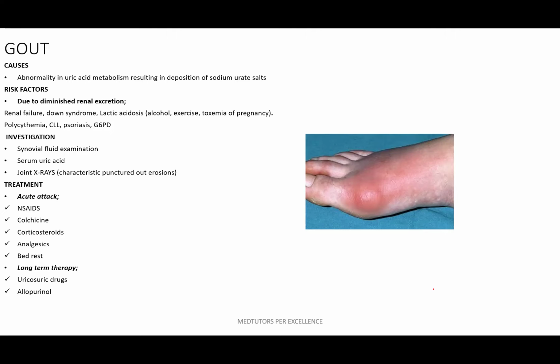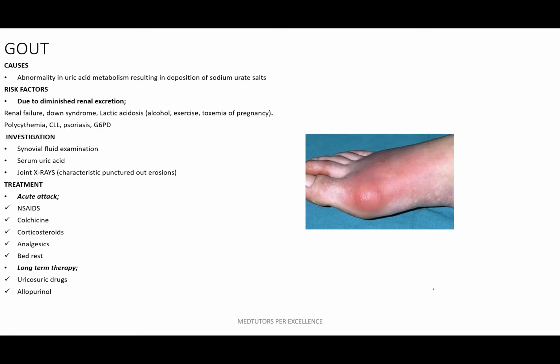Now, what differentiates the presentation of gout and osteoarthritis from rheumatoid arthritis? This pain comes in attacks and is sudden in onset, unlike osteoarthritis that is gradual in onset.